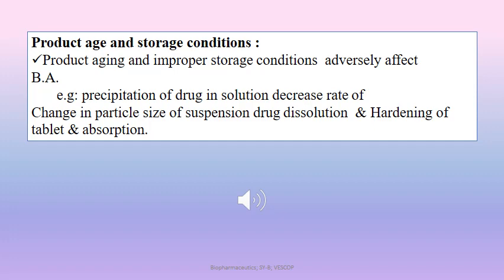If we talk about the storage of tablets, the disintegration and rate of dissolution are greatly affected due to aging and storage conditions. Increase in these parameters of tablets has been attributed to the excipients which harden on storage, for example, binding agents like PVP, while decrease is mainly due to softening of the binder during storage. Thus, the storage condition and age of the product affect the drug absorption.